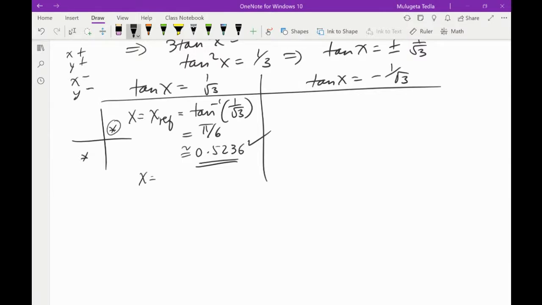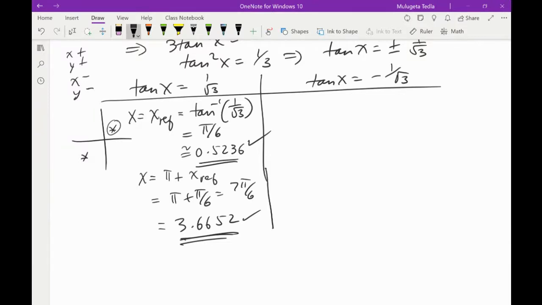Another x would be on the third quadrant, which is pi plus the reference angle, pi plus pi by 6, which is 7 pi by 6, or 3.6652 in decimals.